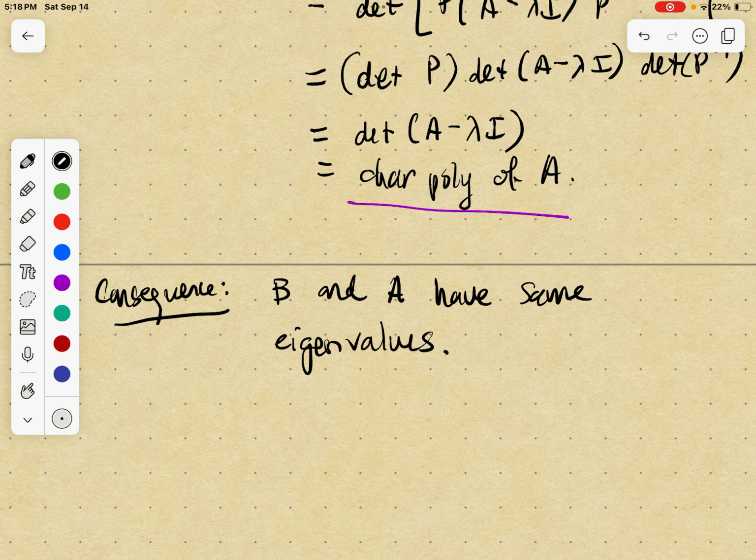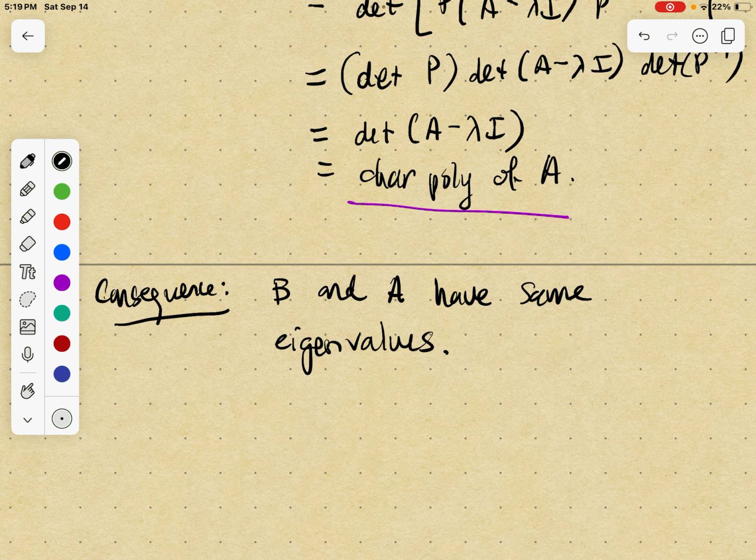Once we think of similar matrices in terms of linear transformations, we'll see that this has a very natural explanation. Because B and A represent the same linear transformation, and eigenvectors are vectors that are scaled by a linear transformation.